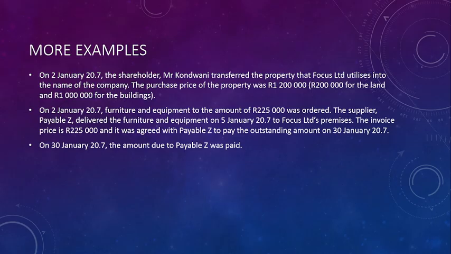The supplier, Payable Z, delivered the furniture and equipment on the 5th of January 2007 to Focus Ltd's premises. The invoice price is 225,000 and it was agreed with Payable Z to pay the outstanding amount on 30 January 2007.